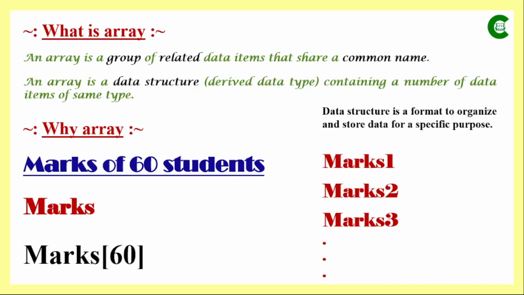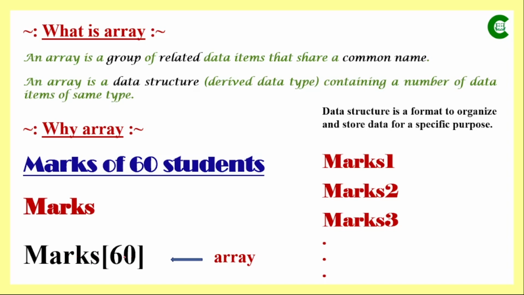The solution is the array. So this is the format of array variables. What we can see here is that we have used a single name, marks, and the marks of all those 60 students will be stored in the same variable. But how is it possible? It is possible because after marks, within brackets, we have the number 60.